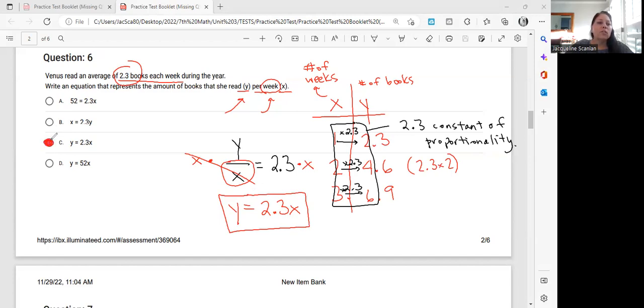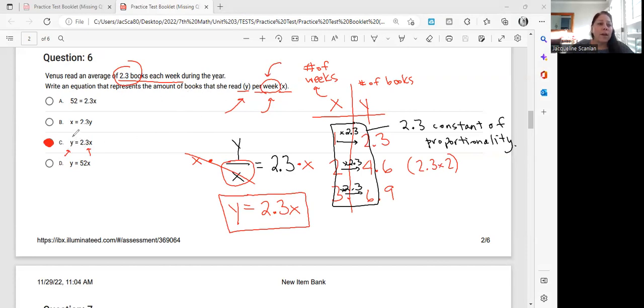And this should just make sense to you if you look at it algebraically. So let's just fill in, instead of the letters, we're going to fill in those words that go with the letters. So instead of the letter Y, we're going to read it as the number of books. And instead of the letter X, we're going to read it as the number of weeks. All right, so let's read this equation using those words.